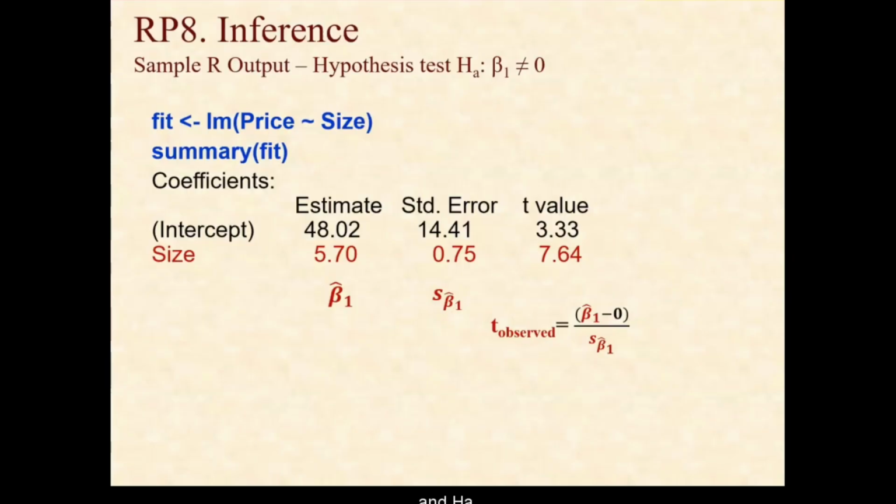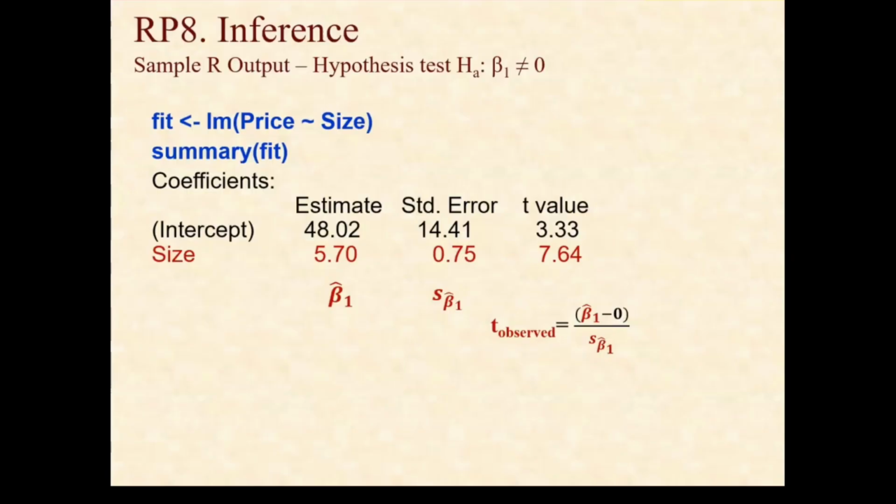Note that the 0 in this calculation comes from H0 and HA. For hypothesis testing, we assume the value under H0 until and unless we have evidence to the contrary. And for the output produced by R, it is presumed that we are doing the two-tailed test with H0 beta 1 equals 0.